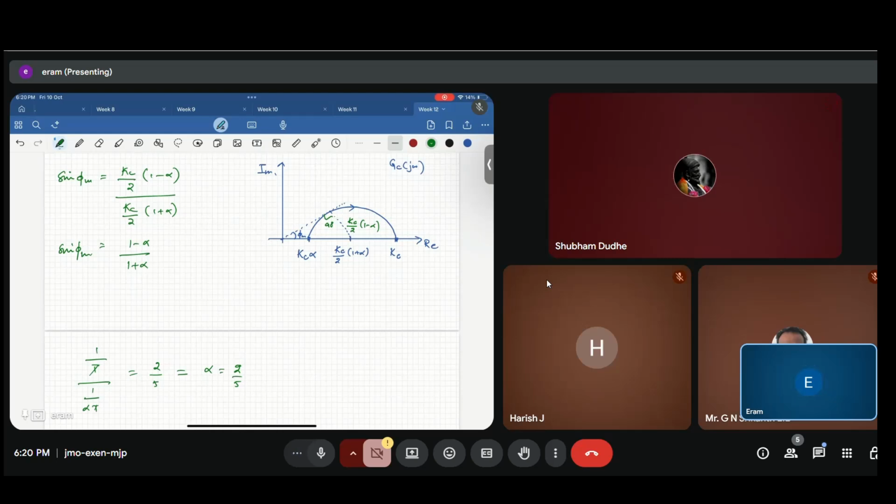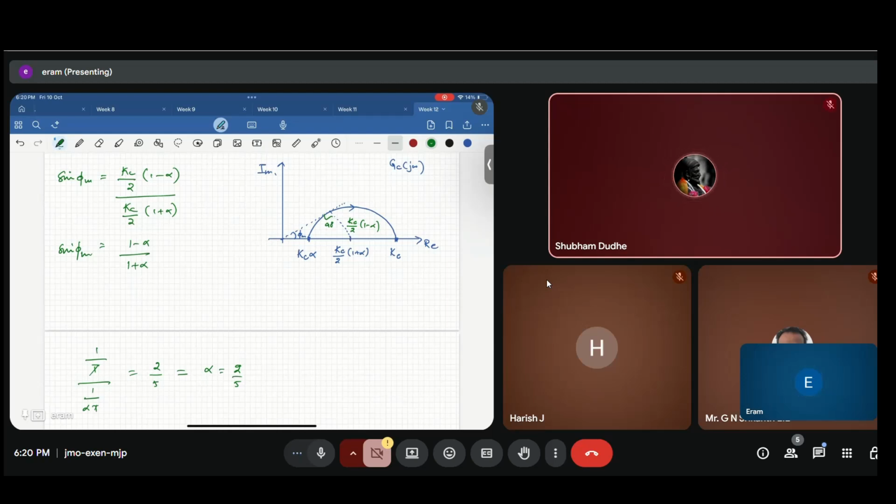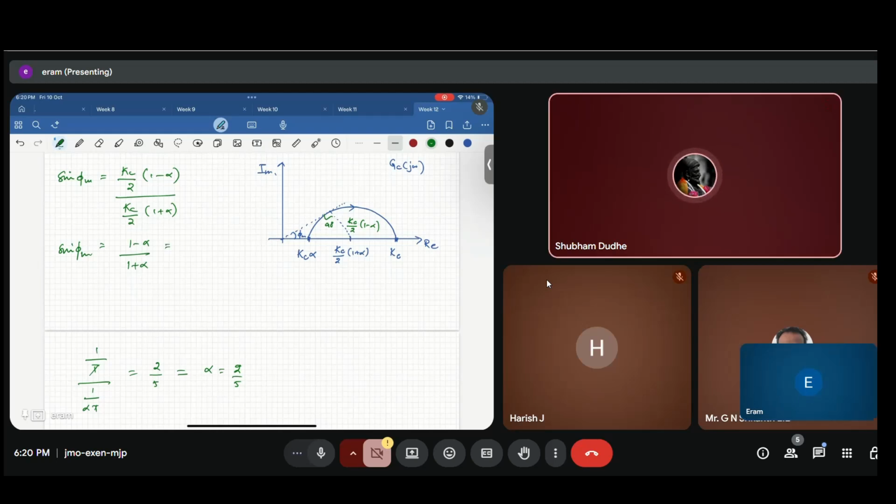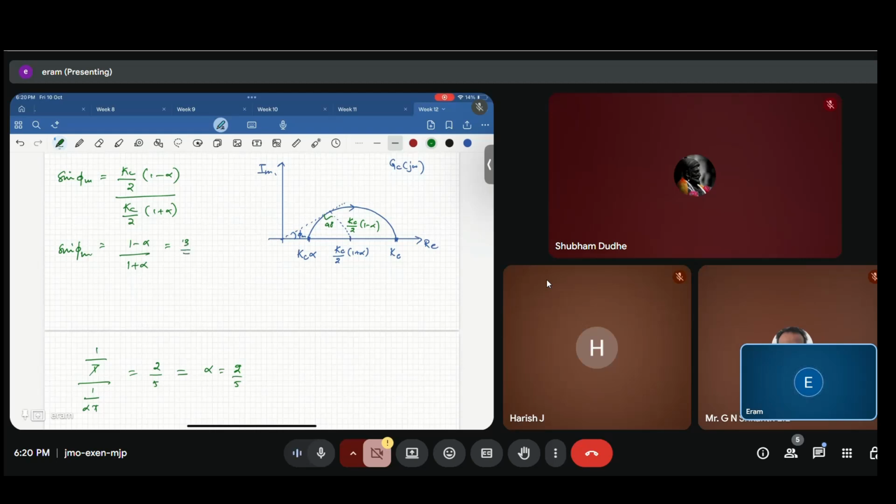0.42. Let me check. 0.42 is which value you are calculating? Sine phi m. Yes. Okay, so this will be 3 by 7.